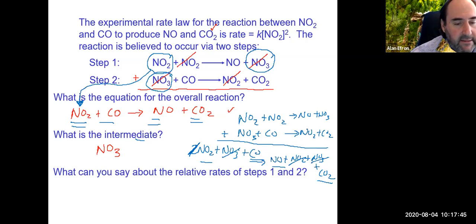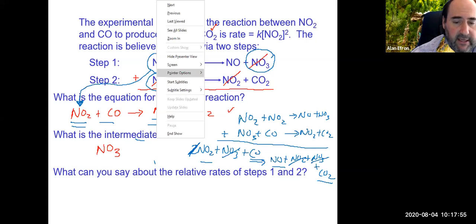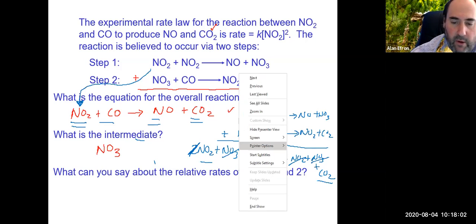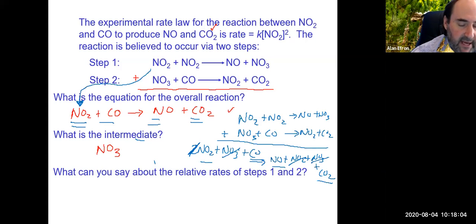Now, because this is a mechanism, like I said before, it is the only place where you can use the coefficients as the exponents. So I'm just going to erase some of this so we can actually see these again. We can write for each of these individual steps an actual rate law. So for step number 1, the rate is equal to k times NO2 squared.